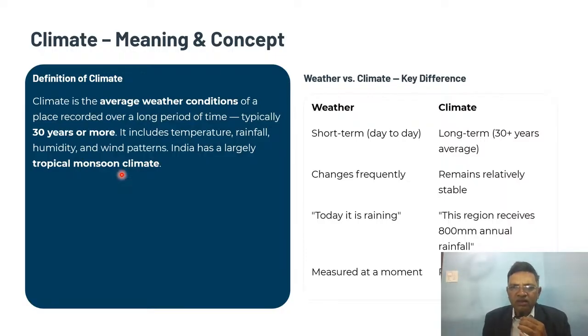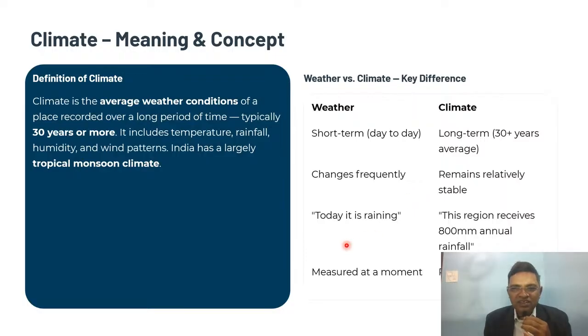Okay. Then there is a key difference between weather and climate. Weather is short term, so we calculate day to day temperature, whereas climate is long term, a 30 plus years average is taken. Weather changes frequently, while climate is relatively stable.